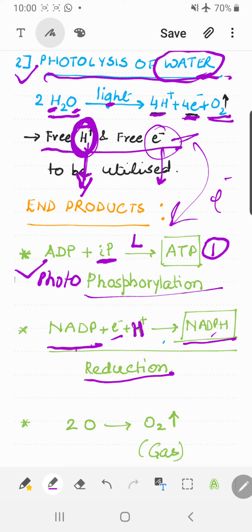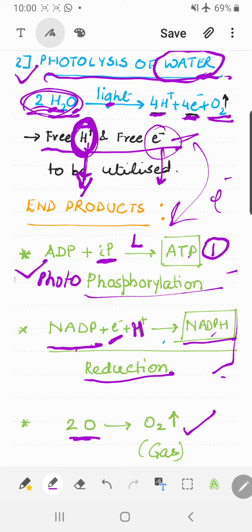And for this addition also electrons are needed. So now you understand whatever was the result of photolysis and activation of chlorophyll, all those things are used to form the end products. And oxygen here, two atoms were present, so oxygen is released as the gas, right children?